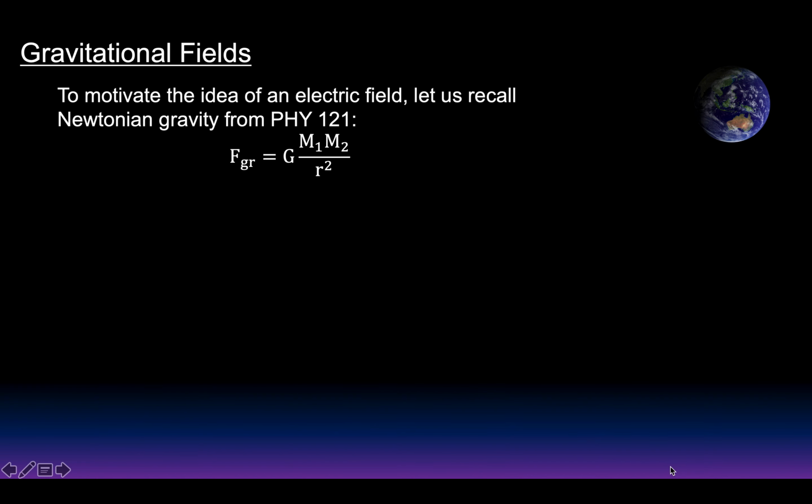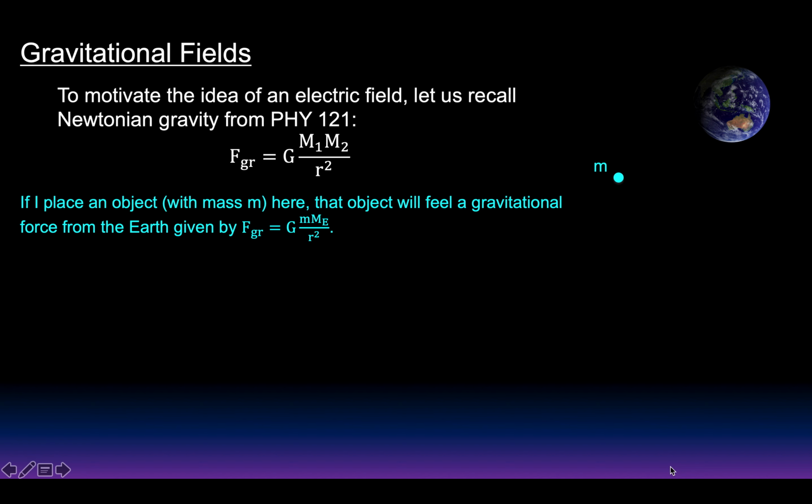To motivate the idea of the electric field, I first want to recall what we talked about when we were discussing Newtonian gravity in 121. Remember Newtonian gravity? We have the force of gravity is G times m1 times m2 over r squared, and we know that gravity is an attractive force. So if I place an object here, we'll say this object has mass little m, and the mass of the Earth is me.